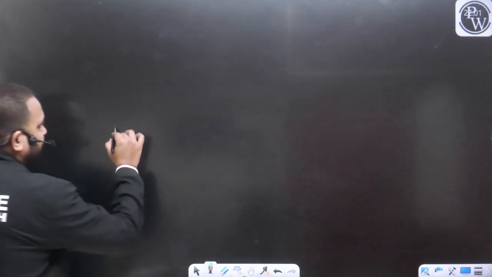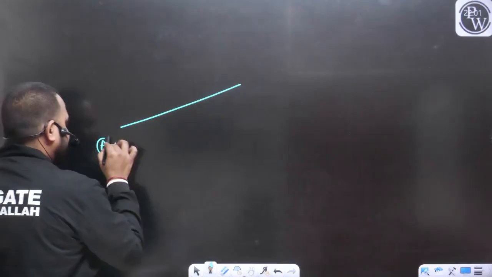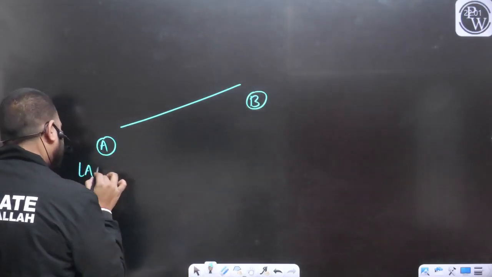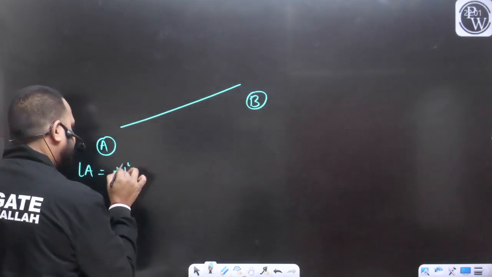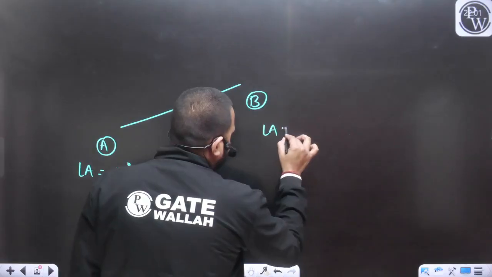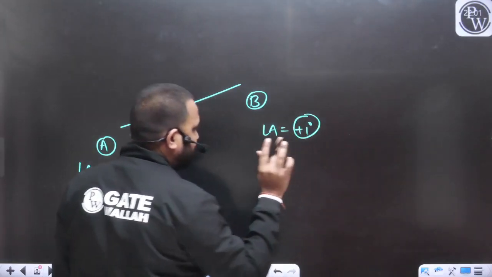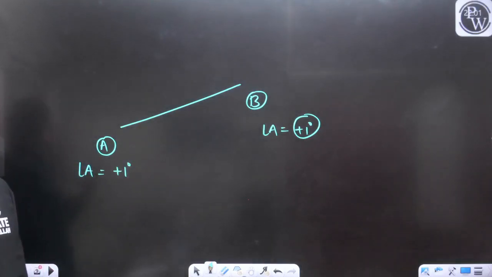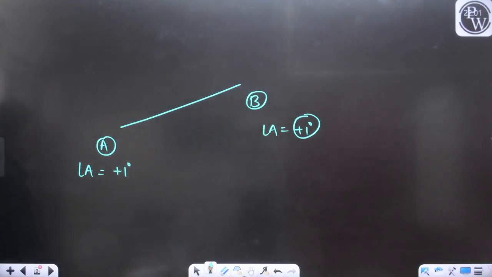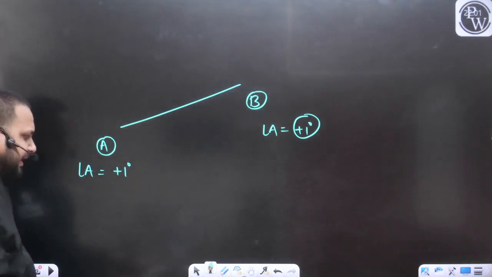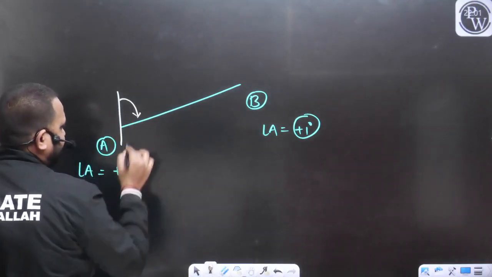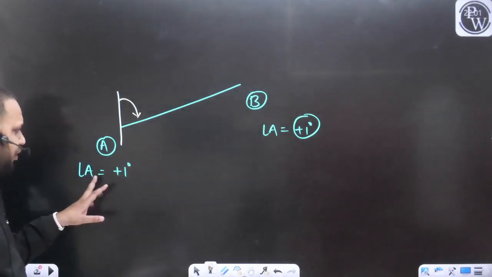For example, this was station A and this was station B. Let's say station A is having the error due to the local attraction as +1 degree, and station B is also having the error due to the local attraction as +1 degree. Both stations are having the same error. Means whatever fore bearing we measure from station A, there will be an error of plus 1 degree.